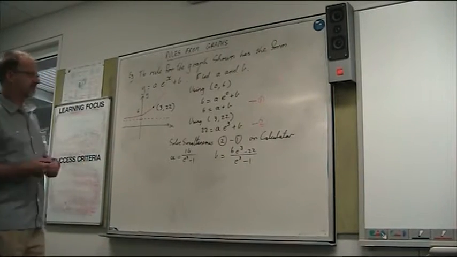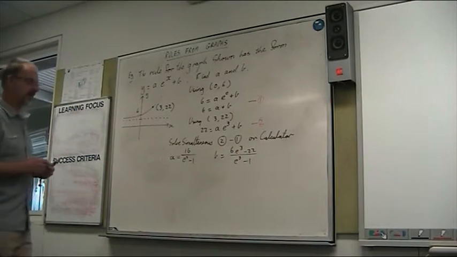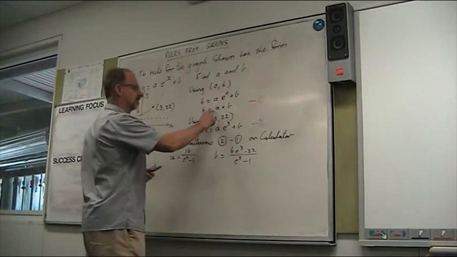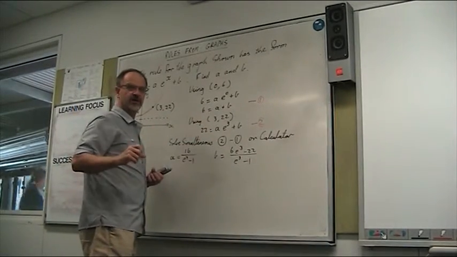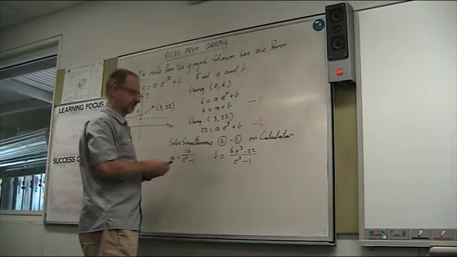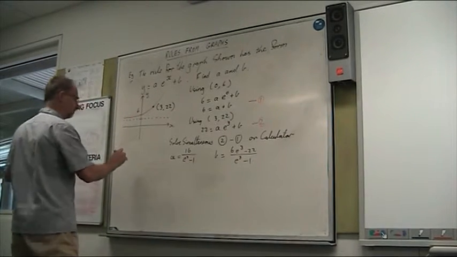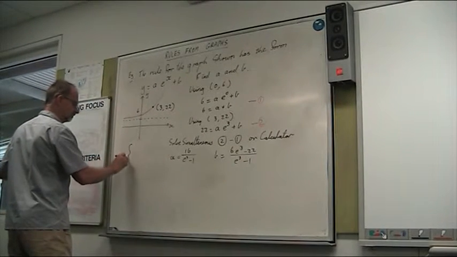Alright, so it asks us to find a and b. We've found a and b. Is that the end? The end, yes. What do you input into the calculator? Those 2 things into a simultaneous equation. Yeah, into the simultaneous equation to solve template. So it's like the curly bracket and the box and another box.